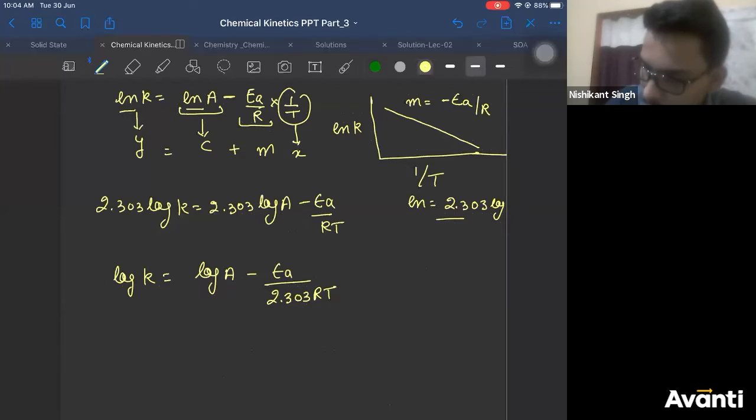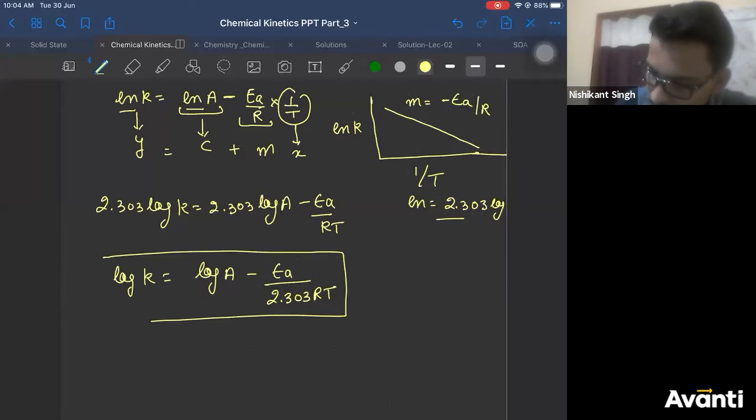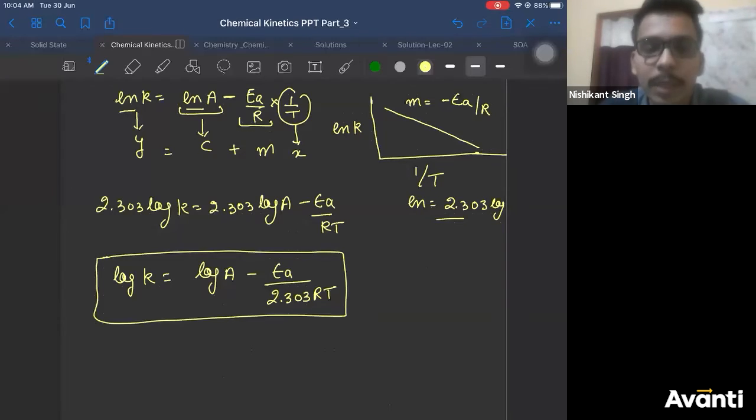All right. Now you can check this. What you can do here is plot this graph also.